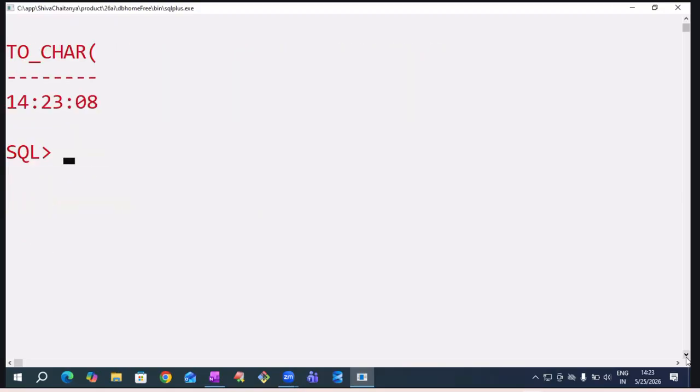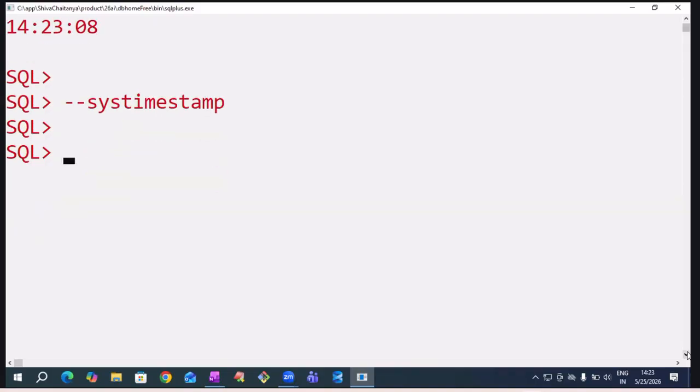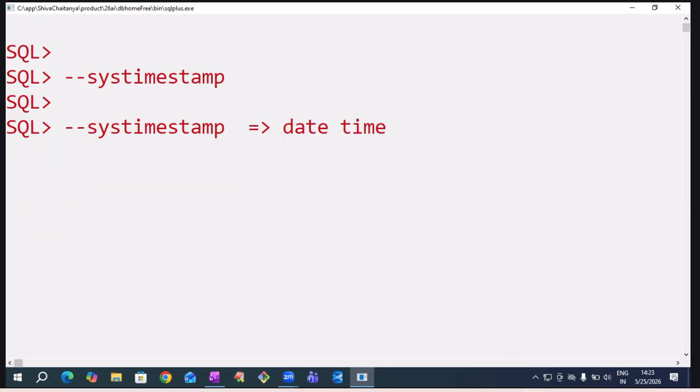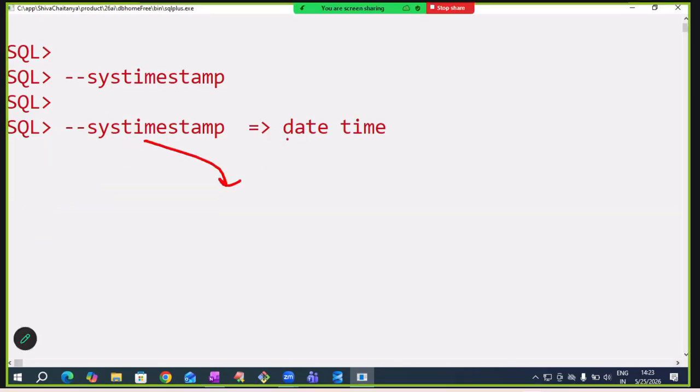Now, you tell me, what does systimestamp return? Current system date and time, both. My requirement is, from systimestamp, I want to get date only. I don't want to get time. Did you understand the question?